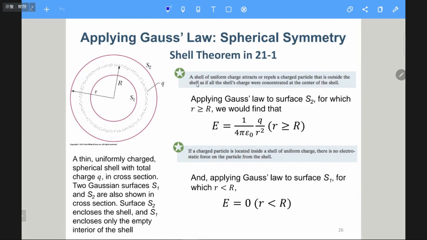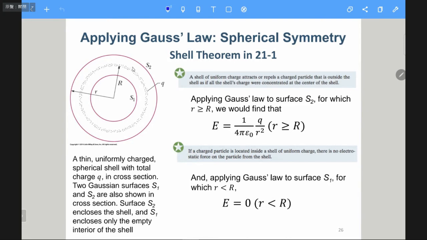For the first shell theorem, it says a shell of uniform charge attracts or repels a charged particle that is outside the shell as if the shell charge were concentrated at the center of the shell.